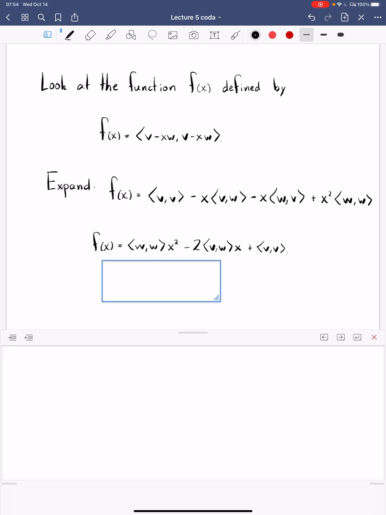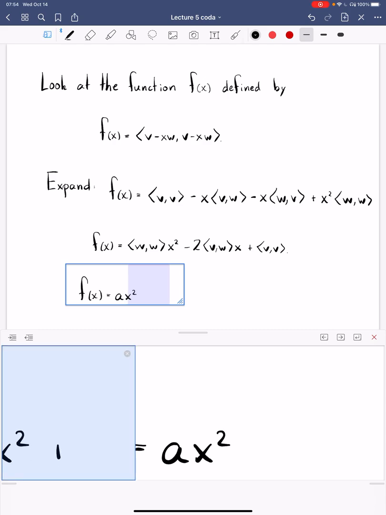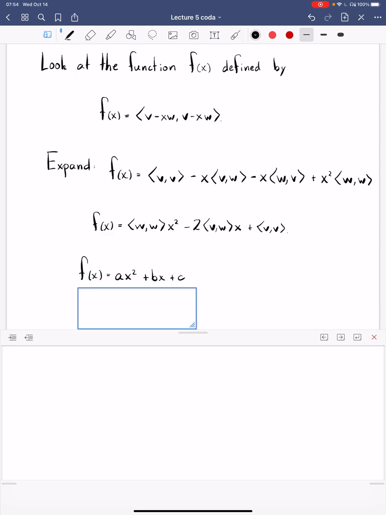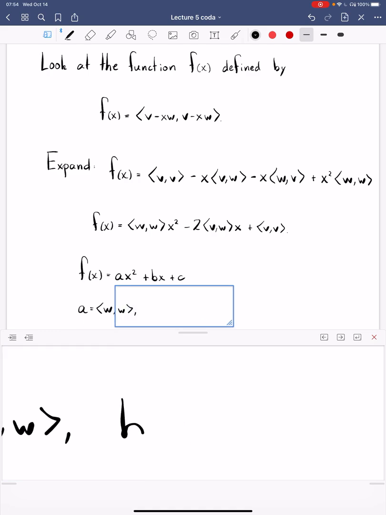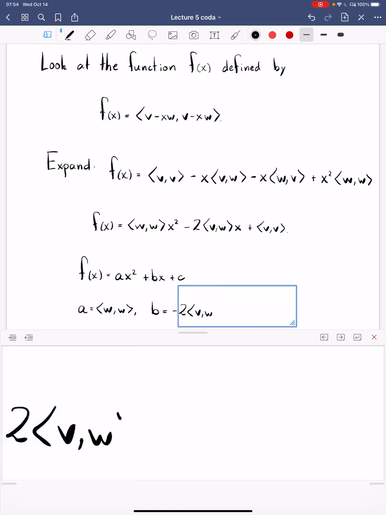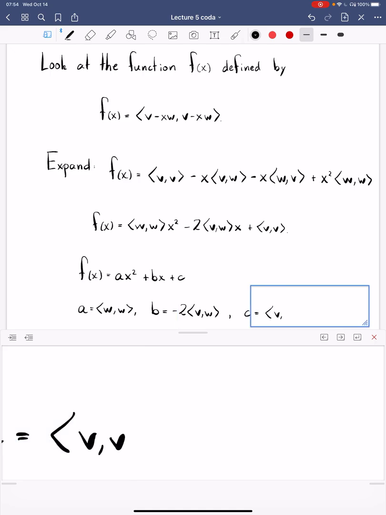Another way to write this, which maybe makes it look more familiar, is f of x equals ax squared plus bx plus c, where a is the scalar product of w with w, b is minus 2 times the scalar product of v with w, and c is the scalar product of v with v.